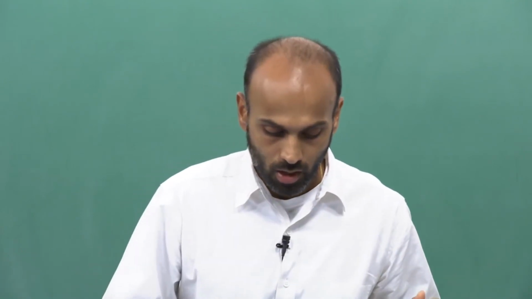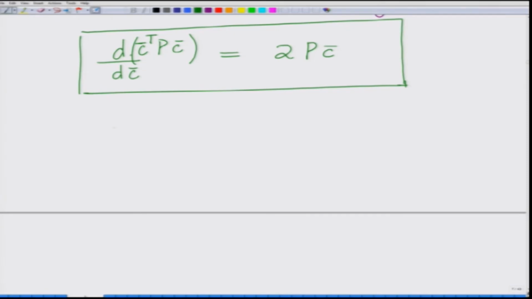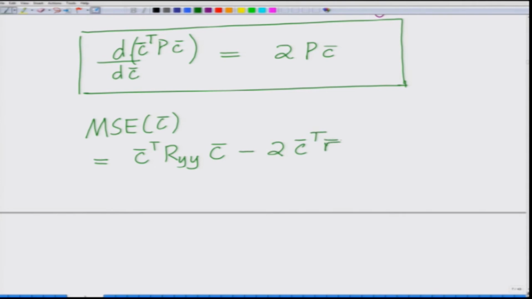Okay. So now if you look at our MSE as a function of C bar, recall we have already derived this previously. The MSE as a function of C bar is equal to C bar transpose R yy C bar minus twice C bar transpose R bar yh plus R hh.